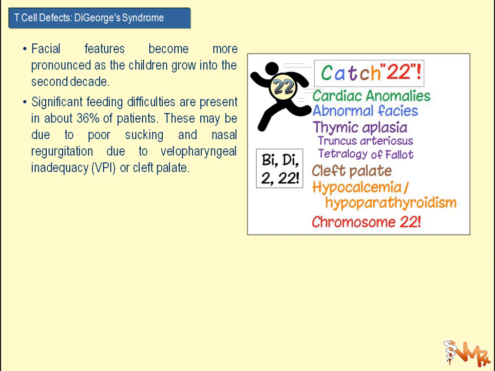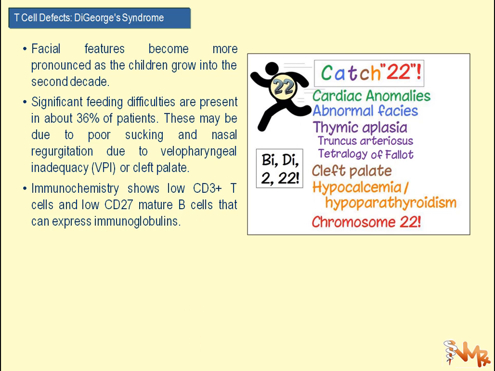These may be due to poor sucking and nasal regurgitation due to velopharyngeal inadequacy, VPI, or cleft palate. So you have two other important findings for these patients because of the failure of closure of the pharyngeal pouches.